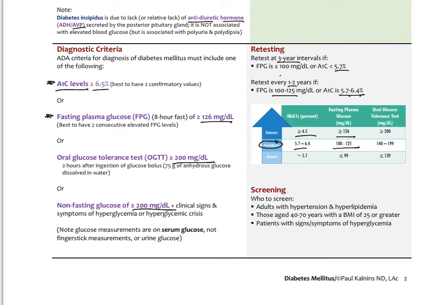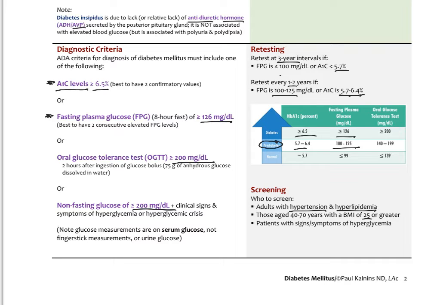Just as a little remark on who we should screen for diabetes: any adult patient with hypertension and hyperlipidemia should be screened for diabetes or insulin resistance. Also those between 40 and 70 years old with a BMI of 25 or greater, and any patients with signs or symptoms of hyperglycemia. So those are the general guidelines in terms of who should get initial screening.